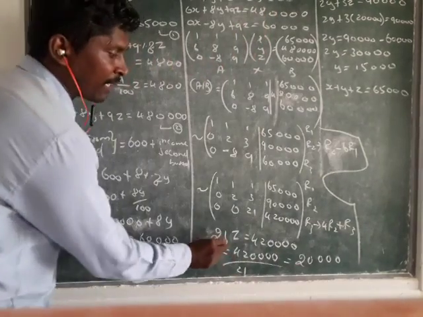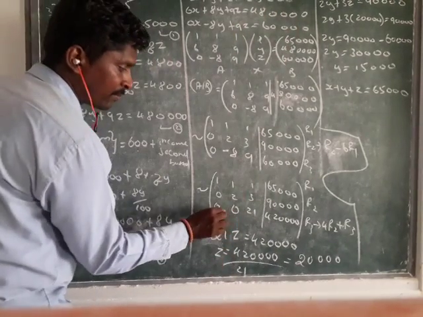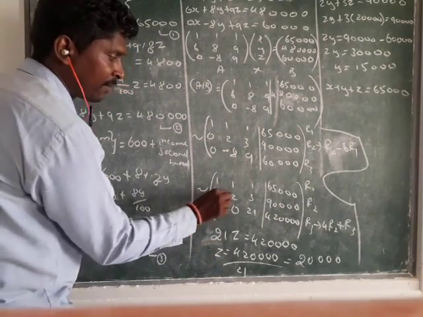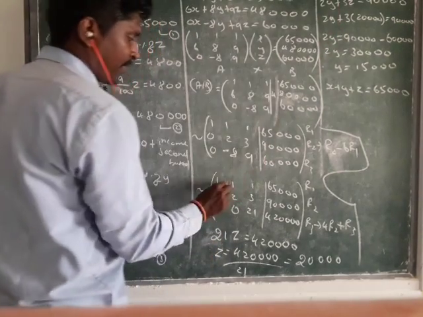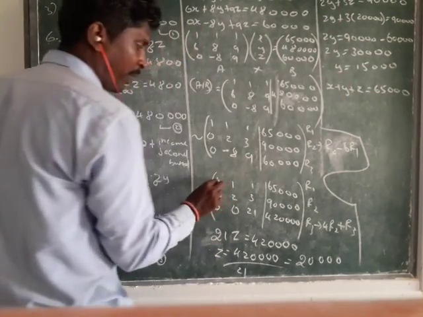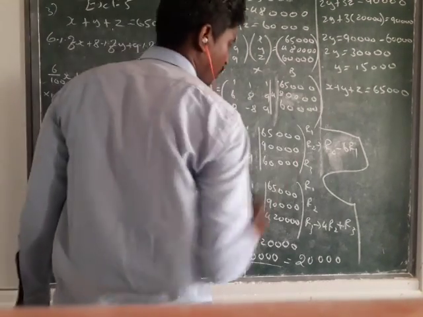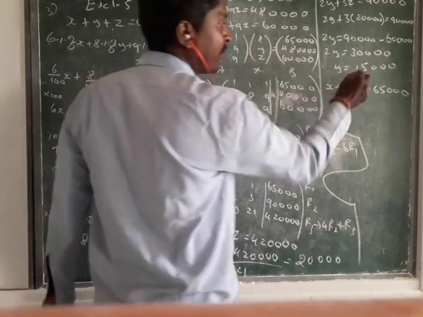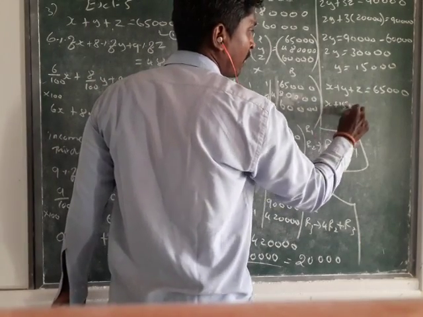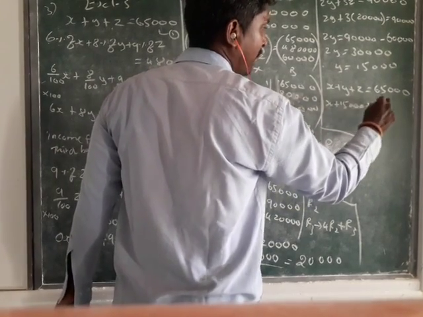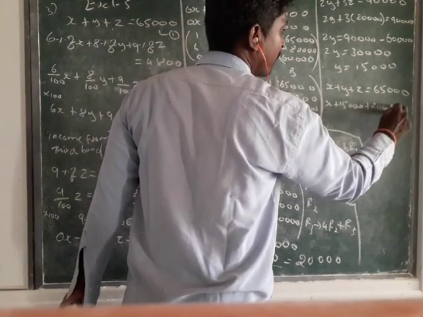With the help of this matrix, I write the equations from the third row, second row and first row. Here the coefficient of x is 1, y is 1, z is 1, equal to 65,000. Now we know the y value and the z value is 20,000.